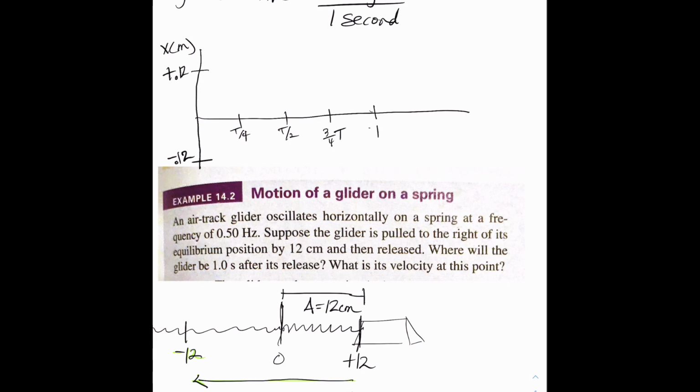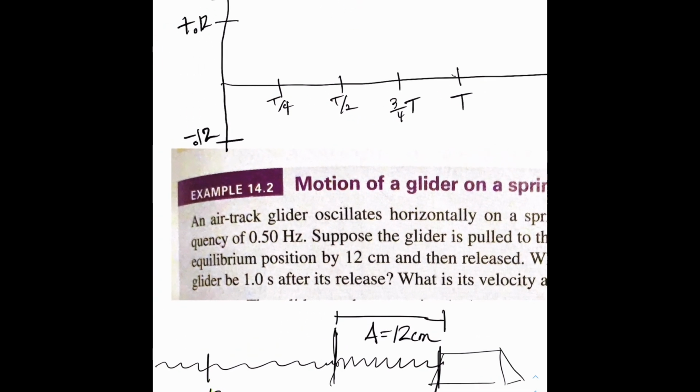And then t. And we said that if I draw this wave in blue, it would start right here at positive 12, and at t over 4 it would be at 0, right?